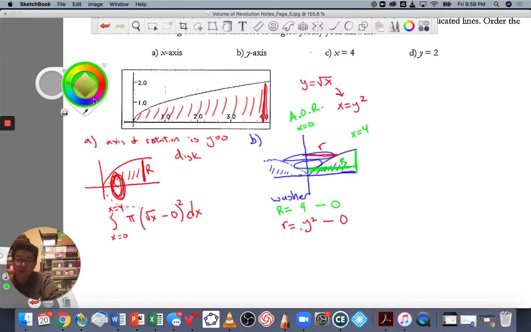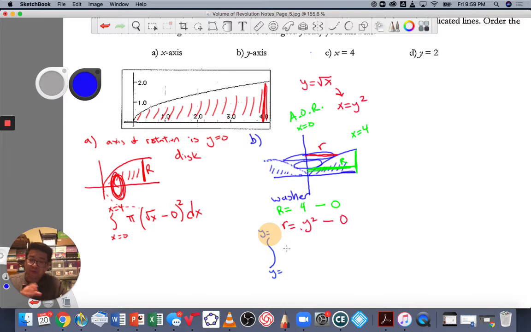So your final answer then will be, you're going to have pi big R squared minus pi little r squared. So in this case, it's going to be pi times 4 minus 0 squared, so that's like a cylinder, minus pi times y squared minus 0 squared dy.